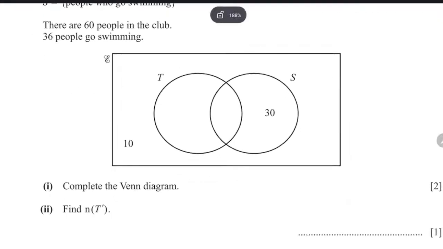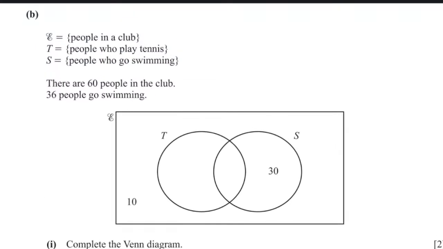Complete the Venn diagram. So let me just teach you something about Venn diagrams. I'll even share a video with you so that you can know them. When you're asked to complete the Venn diagram, look at how they'll do it. Here they're saying you have people in a club, you have people who play tennis, you have people who go swimming, and they say there are 60 people in the club total.